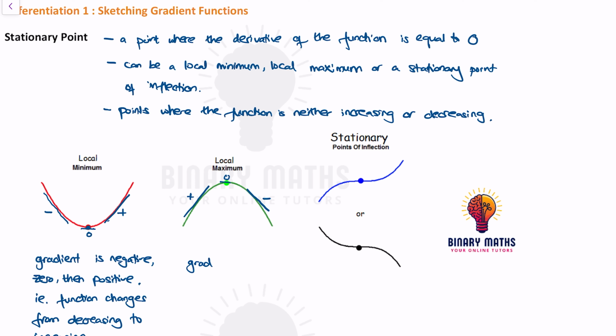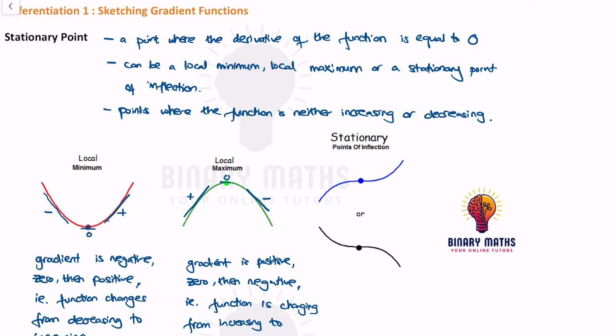So the gradient is positive, 0, then negative, i.e. the function is changing from increasing to decreasing.